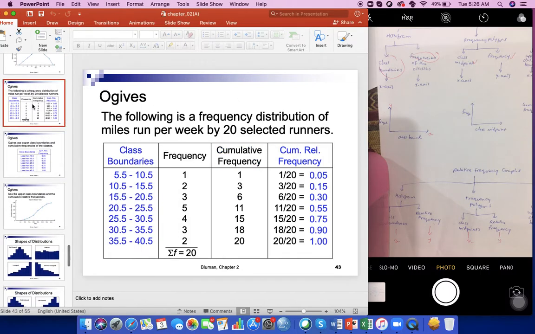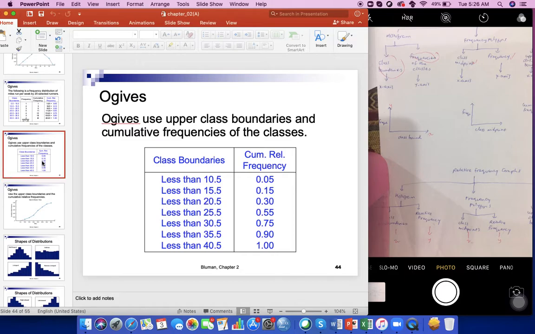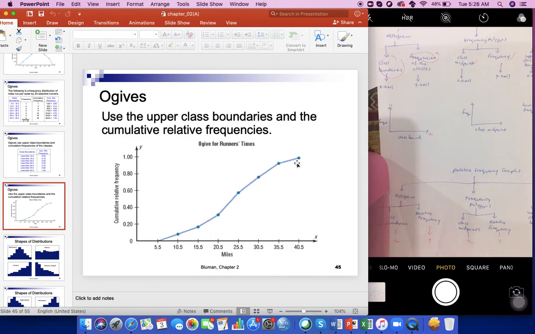The last one is the OGIVE. For the OGIVE, we use the upper class boundaries and the cumulative relative frequency. To calculate the cumulative relative frequency, you add up the relative frequencies cumulatively. The last one will be 1. So your OGIVE turns out like this.